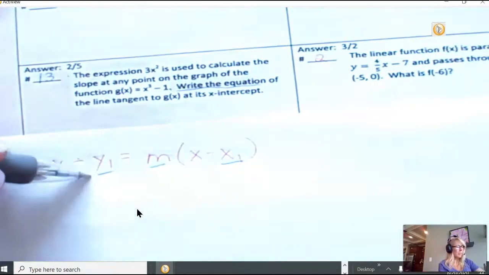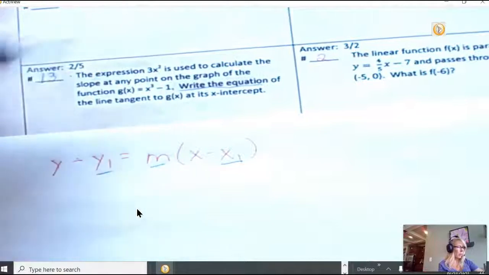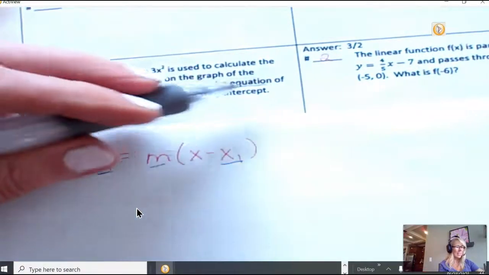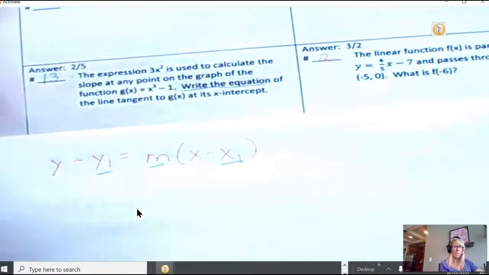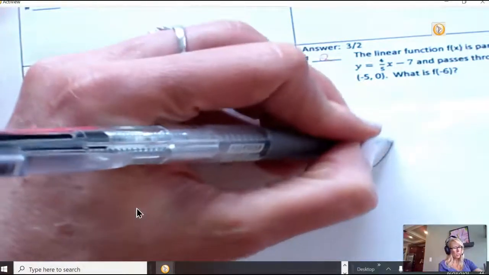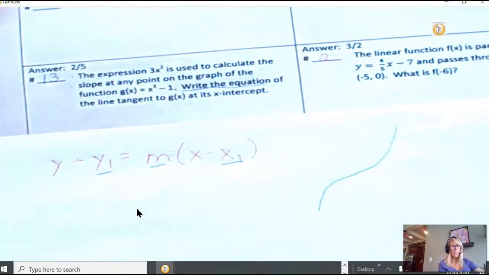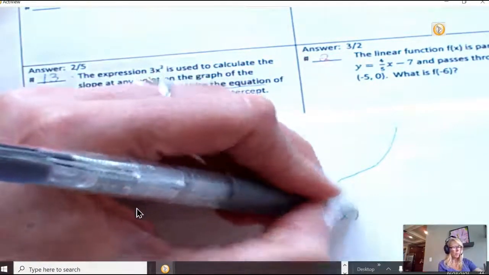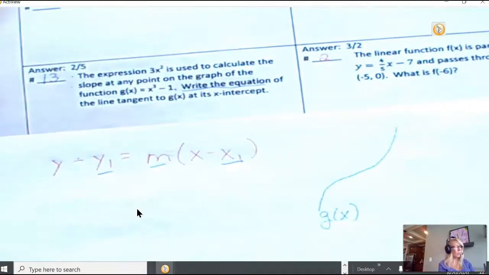Now, specifically, they gave us a point. They said write the equation of the line to g of x at its x-intercept. That means this tangent line is at a given point. I'm wondering if you remember what a tangent line is. All of a sudden, that just hits me. Do you remember what a tangent line is? x cubed minus 1, we'll call this g of x, could look something like that.